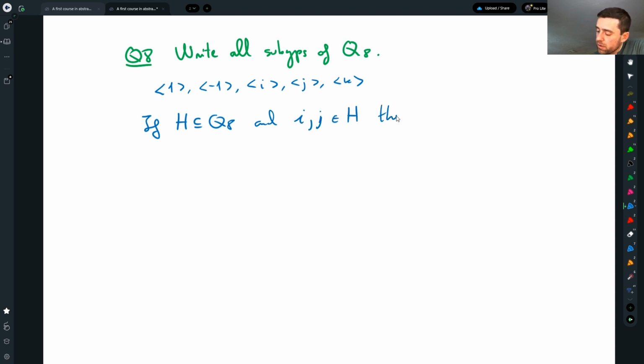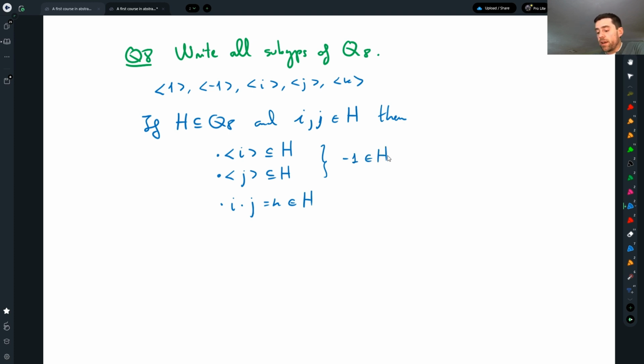Then what would happen is that, well, first of all, if i is in H, the subgroup generated by i also has to be in H. The subgroup generated by j has to be in H. But then I do have i and j, so I also need to have that i times j, which is k, is in H. These tell me that minus 1 is also in H, and k is in H, and between all of this, I have plus or minus i, plus or minus j, plus or minus k, and plus or minus 1.